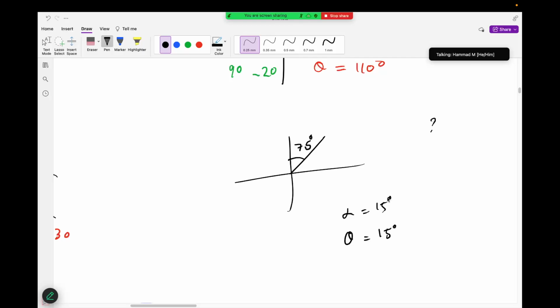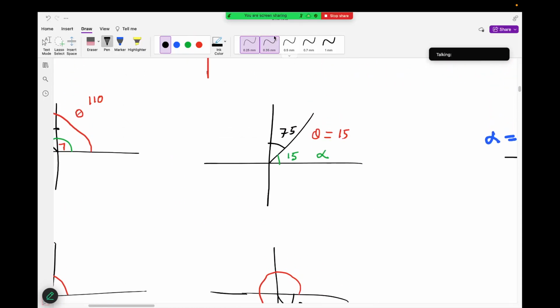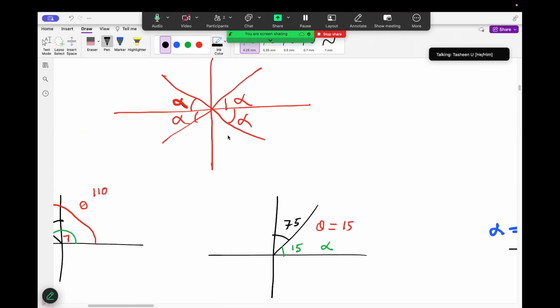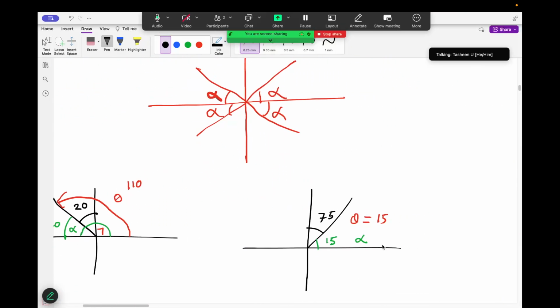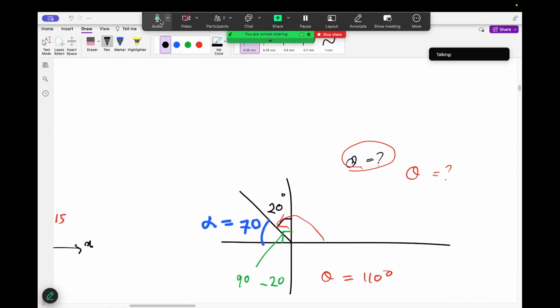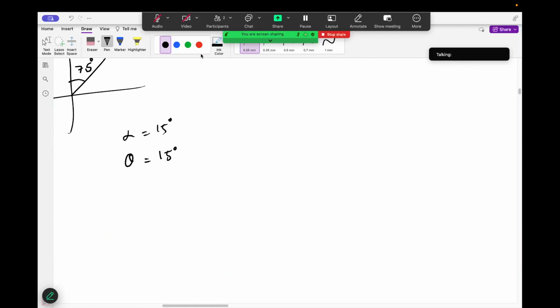Oh no, theta is 50 also. Theta always starts from the positive x-axis, and alpha is always the angle with the x-axis.